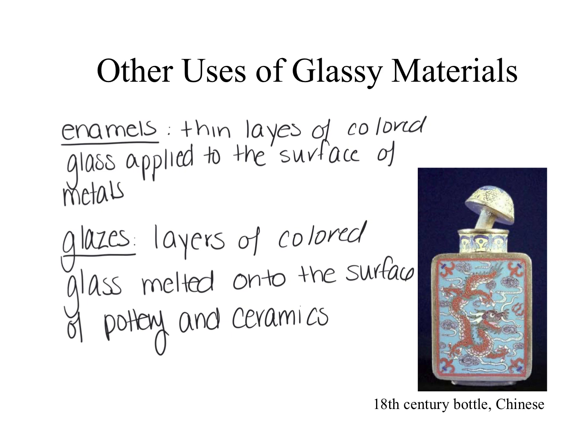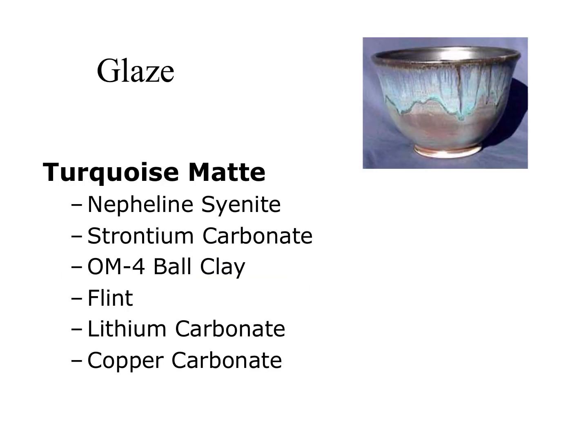So let's look at some of the materials that are used to make glazes and enamels. This is a common glaze. You can see it's turquoise matte. This is a ceramic piece, and it's got this turquoise color that's glassy on the top.